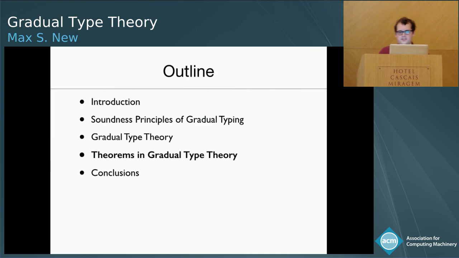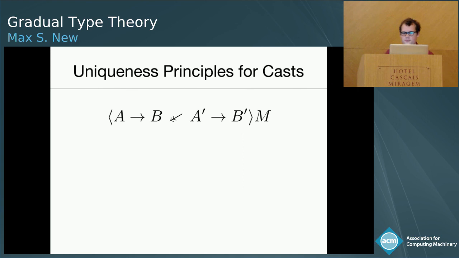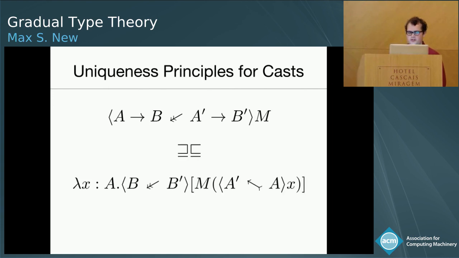Now I'll talk a little about the actual theorems that we prove in gradual type theory. What we can prove is that for every type constructor in call by push value, the casts between types that have the same connective are equivalent to actual program implementations.